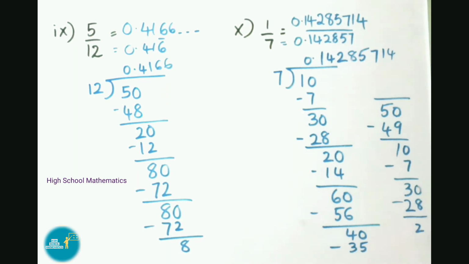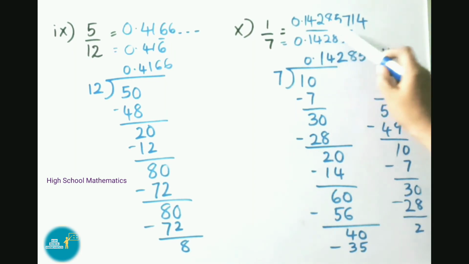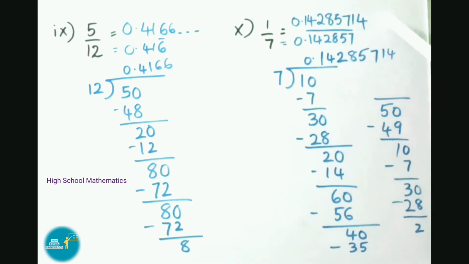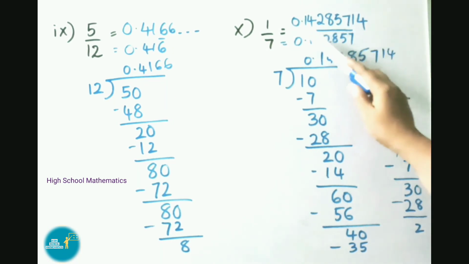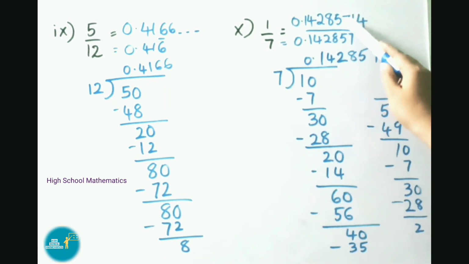So we stop division up to here and we have written our answer 0.14285714, so on. That means here after 7, again these numbers were repeating: 1, 4, next 2 you will get. That's why we kept a bar here up to 7 only. So our answer is 0.142857 bar. It is a non-terminating recurring decimal.